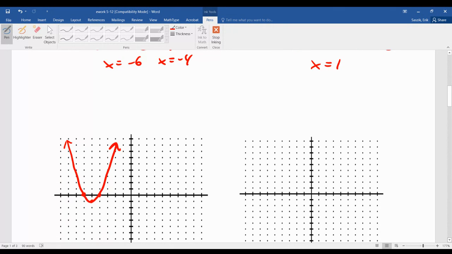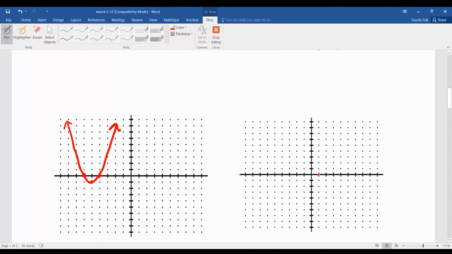So that would be right here. And you know what's interesting is that is the same point as the vertex. So one of the solutions and the vertex match up. Now the y-intercept, if you remember, that was 0, 1. Now remember, there's a mirror image right over here. So let's go ahead and show that.